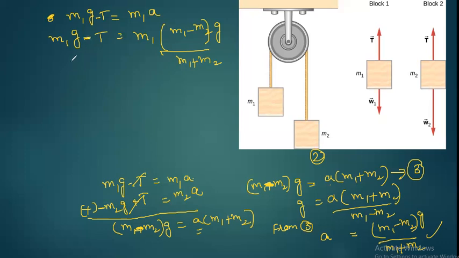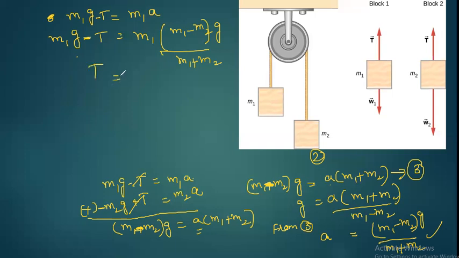Now, M1G minus T is equal to M1A. In this, I am keeping the A value. So T I am calculating. Let me do one thing. I will take T directly.